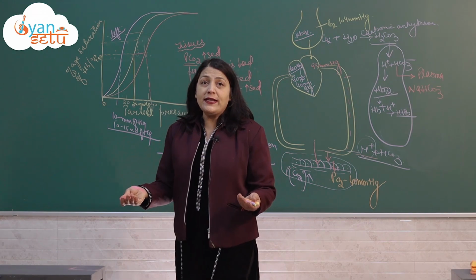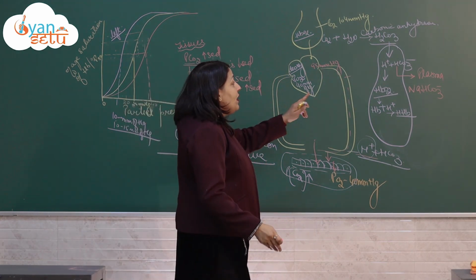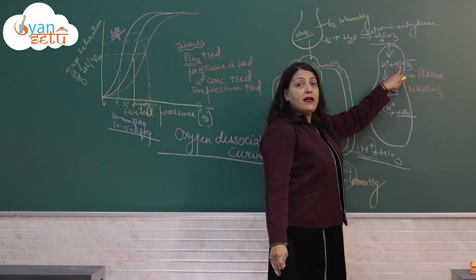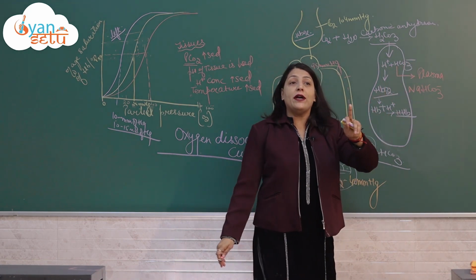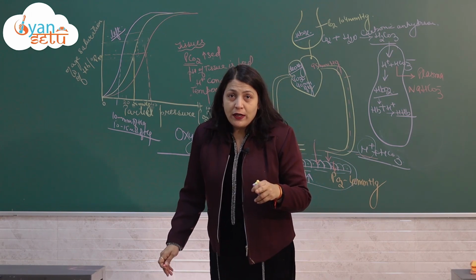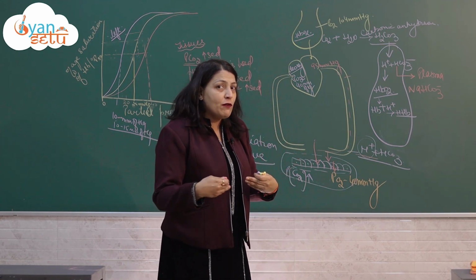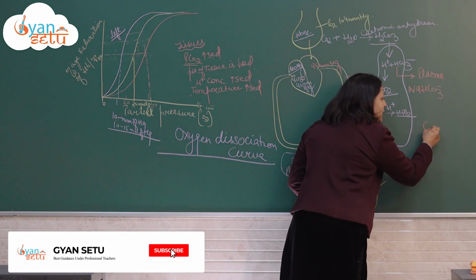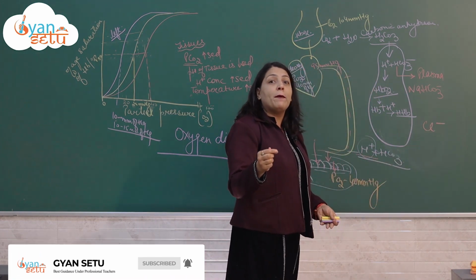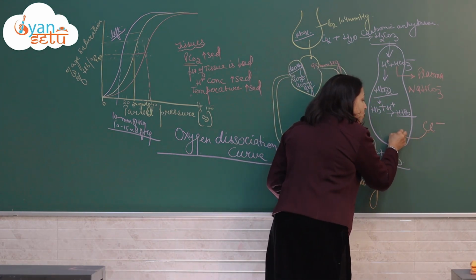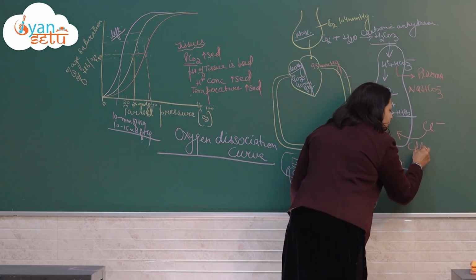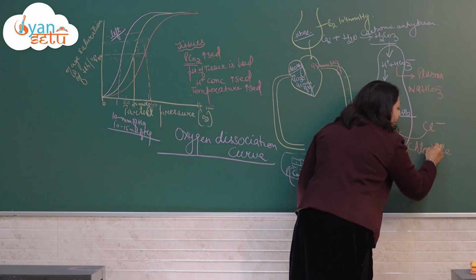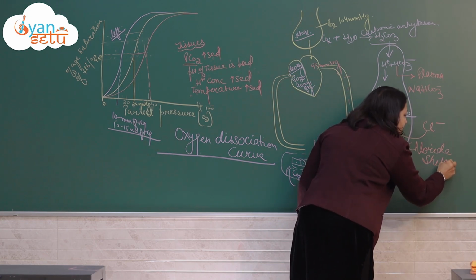There it forms sodium bicarbonate. Now the body says, how we have taken bicarbonate out of RBC? Because it was carrying already negative charge on it. So it demands compensation for it. So what happens? Chloride ions from the plasma tends to move into the RBC, and this here is known as chloride shift.